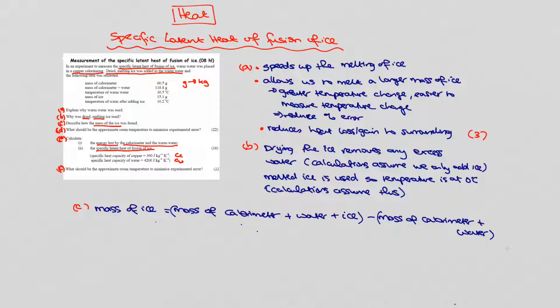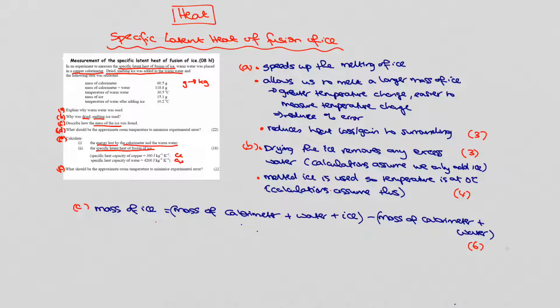So by getting the difference between the two of those, we end up with the mass of ice. So it was 3 marks for talking about drying the ice, and 4 for talking about the melting ice, or vice versa. And then describing how the mass of the ice was found was 6 marks.